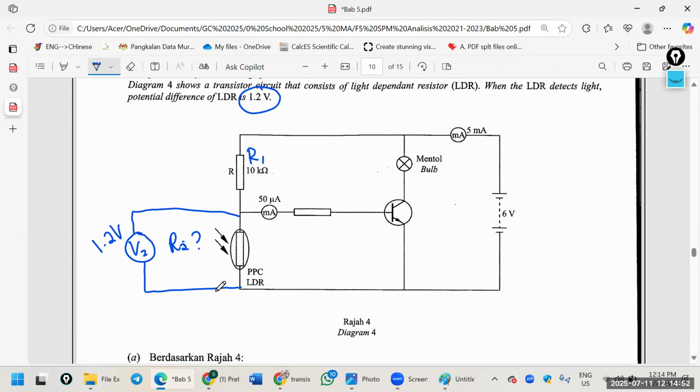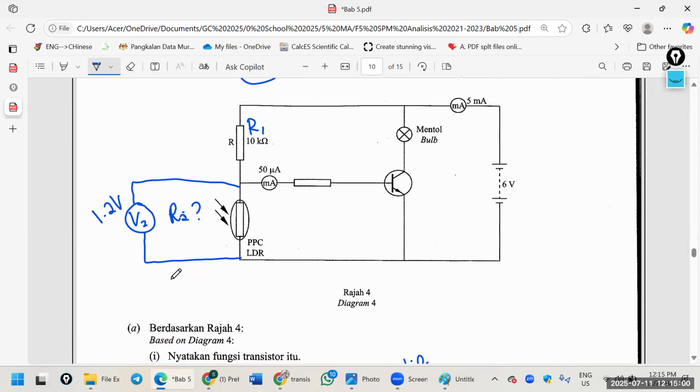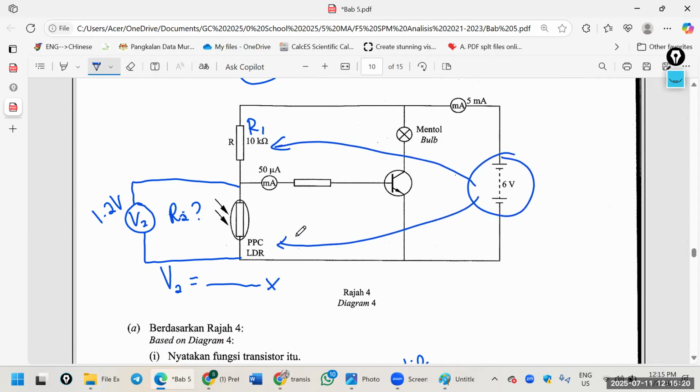Can do? Brandon, tell me the formula. V2 equals fraction times the total 6 divided by 2 parts.